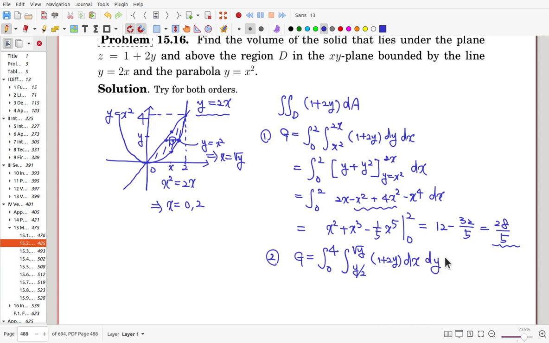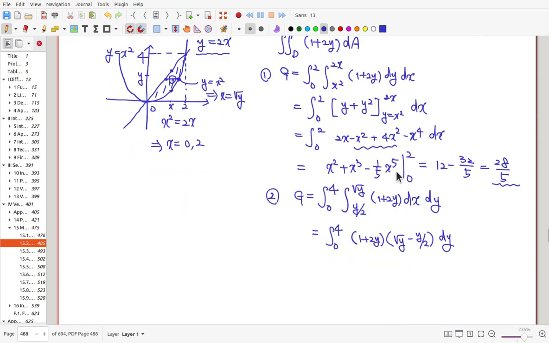Now, for this one, the integrand is a kind of constant because it's x direction integration. So the inner integral can be easily done. The integrand is 1 plus 2y, a constant, times the interval length, square root of y minus y over 2.